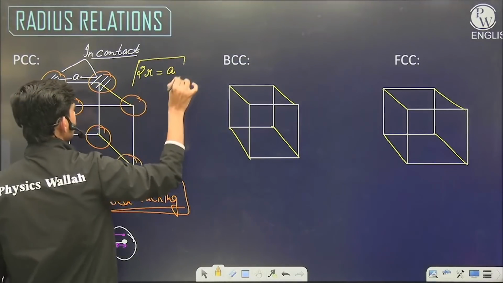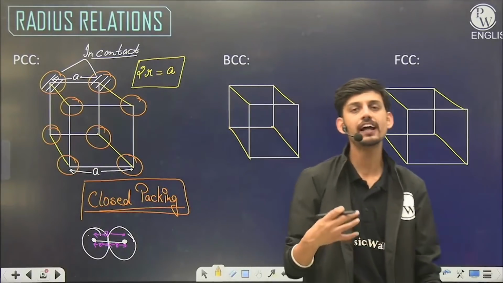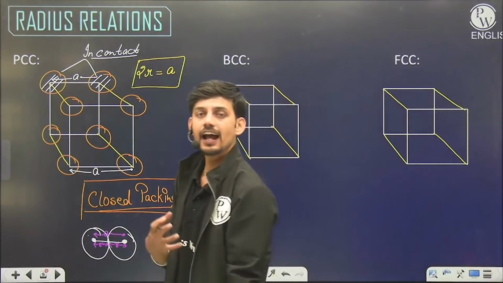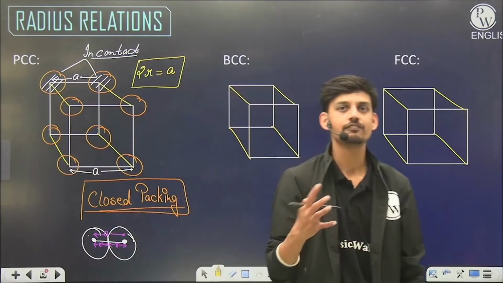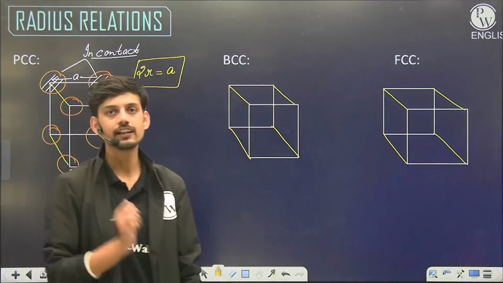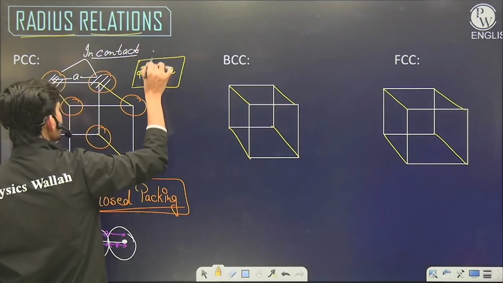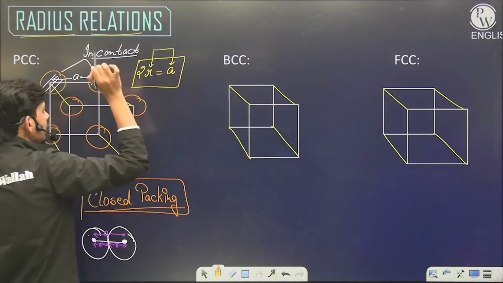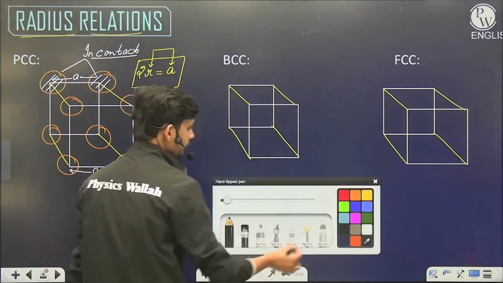This relation can be used if we know about the cell. If we know the edge length of the cubic cell, then we can identify the radius of the constituent atom, or vice versa. If we know the radius of the constituent atom, we can identify the edge length of the cell. So these radius relations are used in order to find a relation between radius and edge length of the solid.